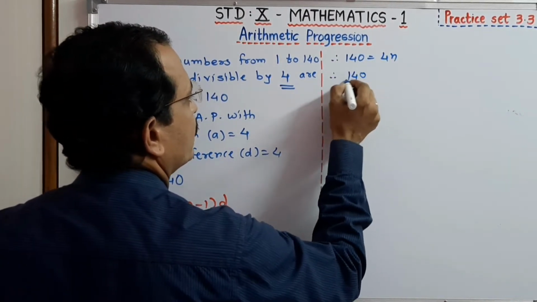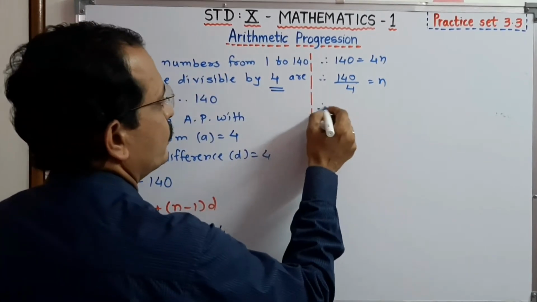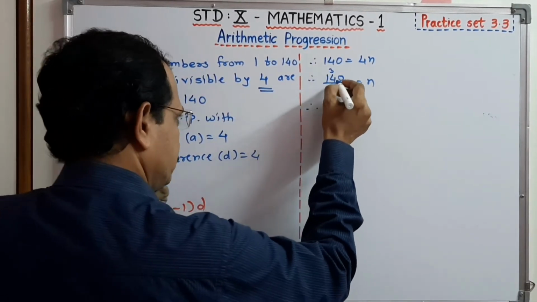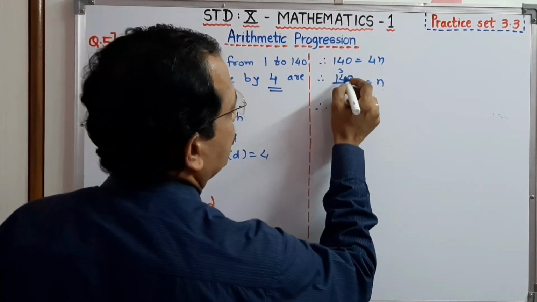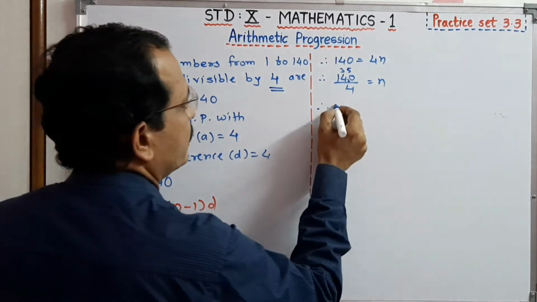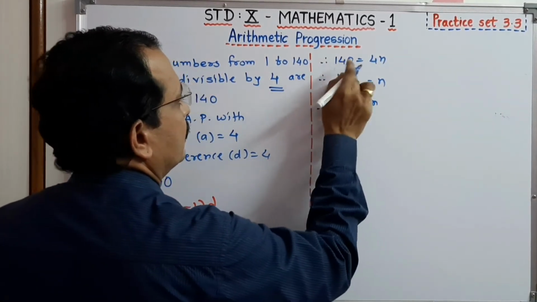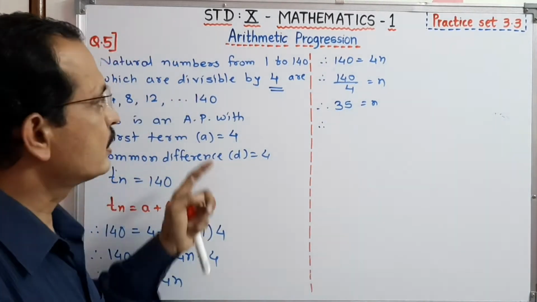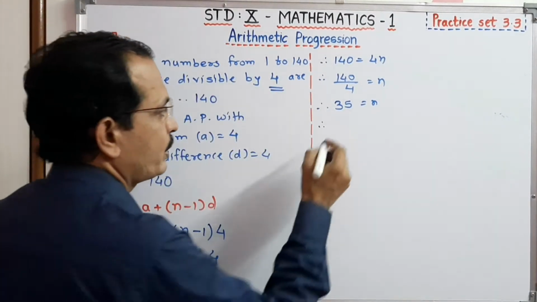Therefore 140 upon 4 is equal to n. We have to divide: 4 1s are 4, 4 3s are 12, and 4 5s are 20. Therefore 35 is equal to n. Therefore there are a total of 35 numbers from 1 to 140 which are divisible by 4.